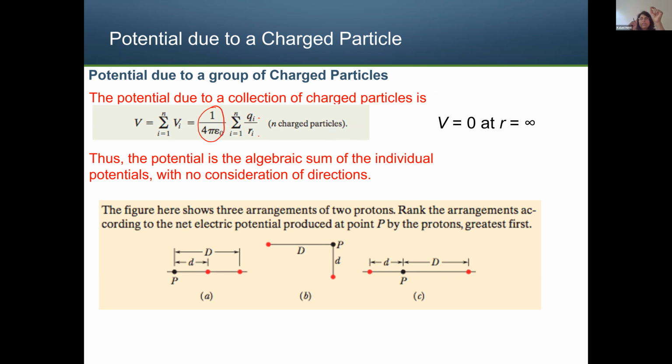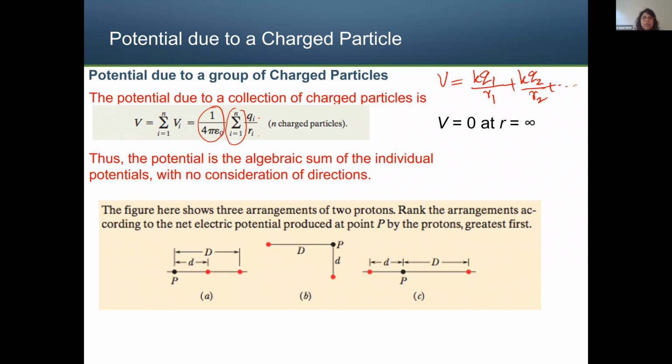And then you go to the second one, do the same, the third one, do the same, and add them all. That is what this summation means. You end up with your total potential: the Coulomb constant K times the first source charge over the distance to that, plus K times the second source charge over the distance to that, and keep adding the terms. That's what the summation means.